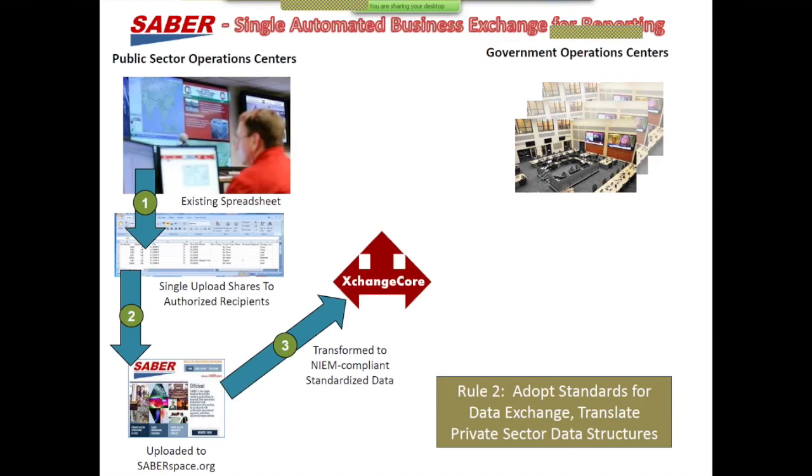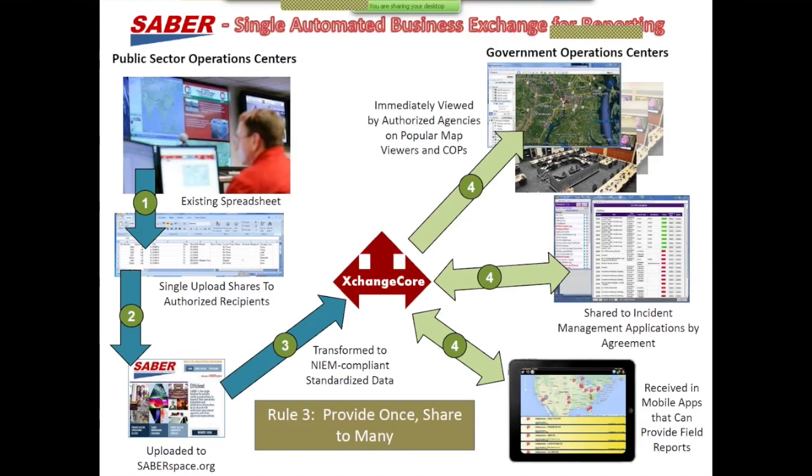That is changed into NIEM standard compliant incident data. It's the National Information Exchange Model. Meeting rule number 2, which is we adopt standards for the data exchange. We're going to translate that private sector data structure, in any format, any way that they want it, into a national standard, which we do for a very specific reason, so that people can read it.